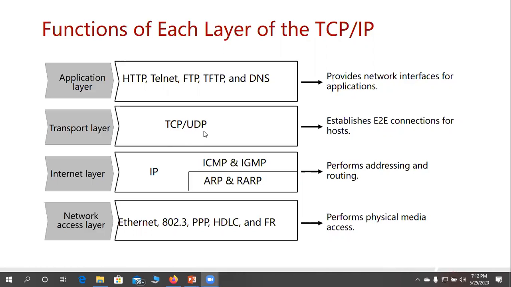UDP is User Datagram Protocol. For example, what I'm doing right now uses UDP. Videos, online streaming, and IP phones use this protocol. This is the internet layer, and these are the protocols it has: IP, ICMP, okay?